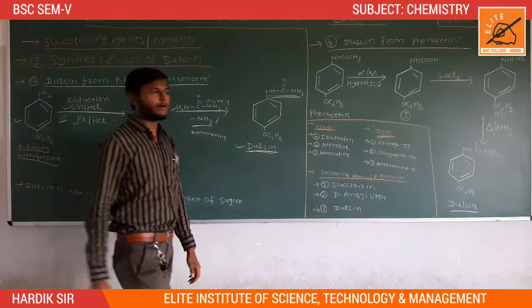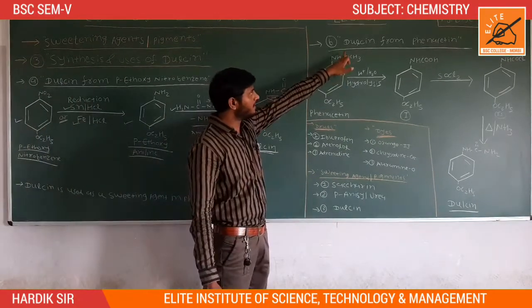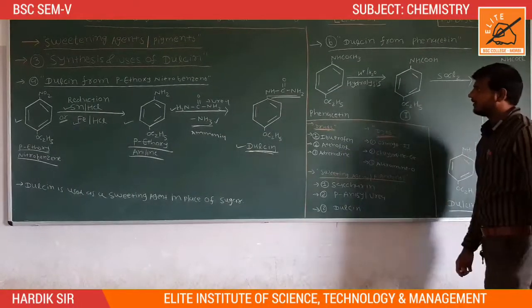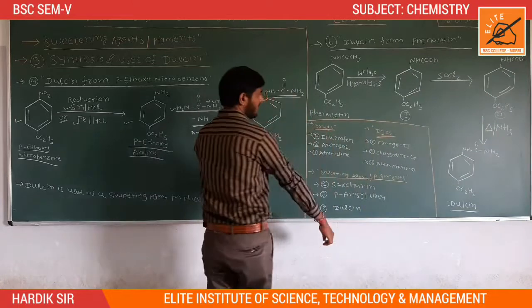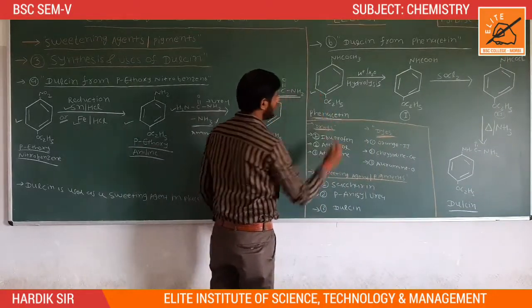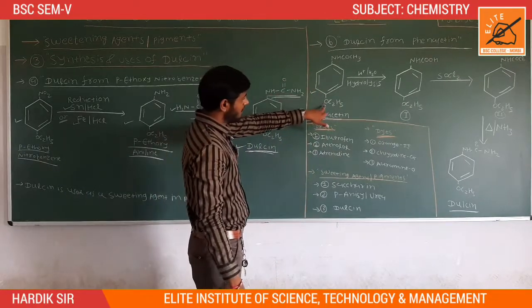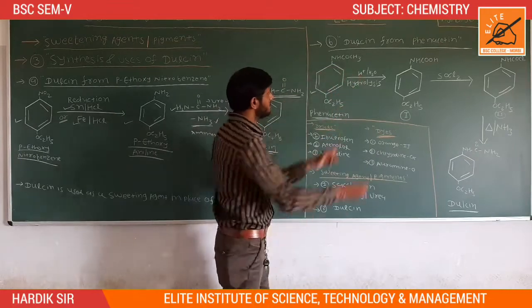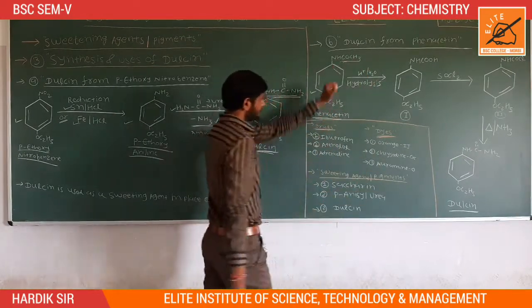Now we will learn about our second method, dulcin from phenacetin. Now we have taken the phenacetin. This is the structure of phenacetin: the para-ethoxy group and the phenyl ring connected with NHCOCH3. This is our acetamido group.